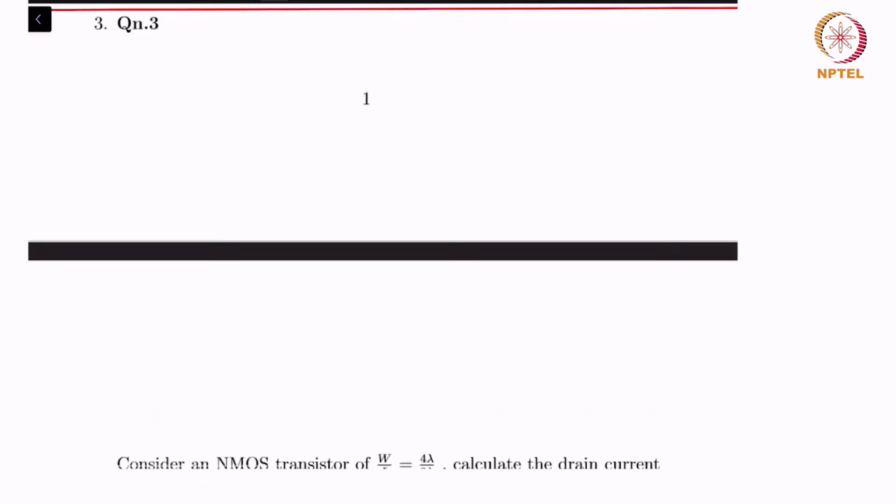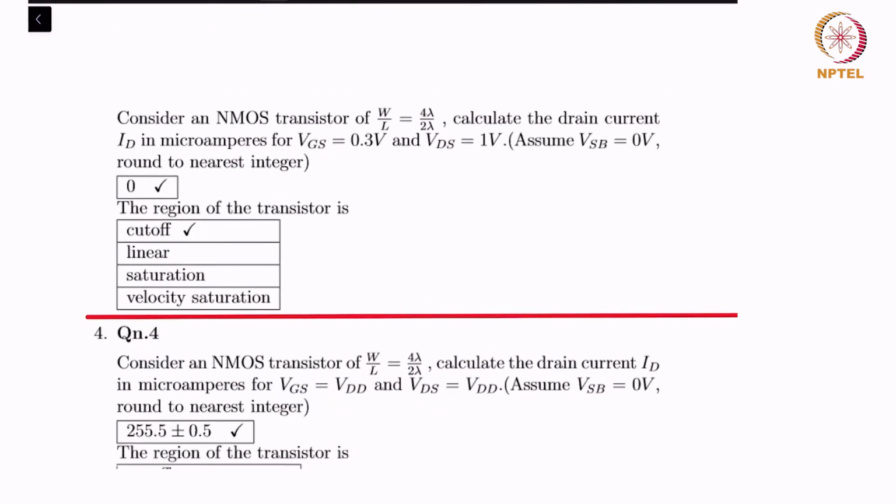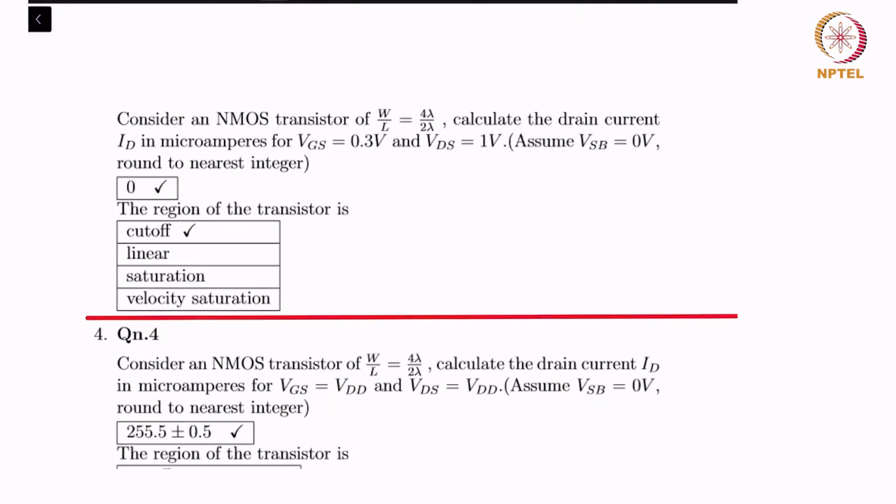So now let's look at question 3. Same, it's a short channel transistor, L is 2 lambda and VGS equal to 0.3 volts, VDS is equal to 1 volt. Now you've increased VDS and reduced VGS, so you expect that it goes into the saturation region, but with the slight caveat that now VGS is less than VT.